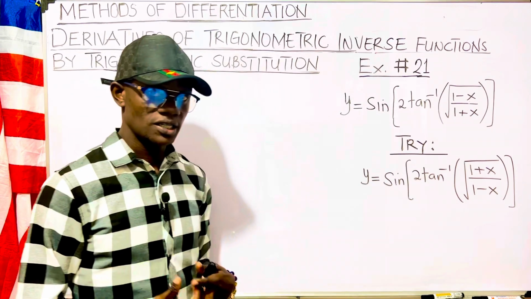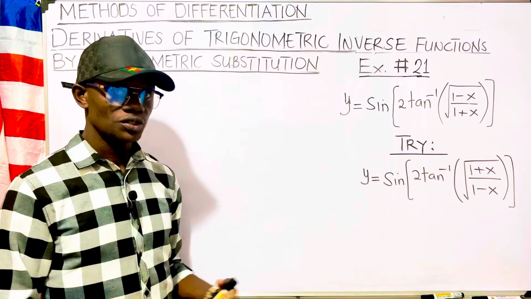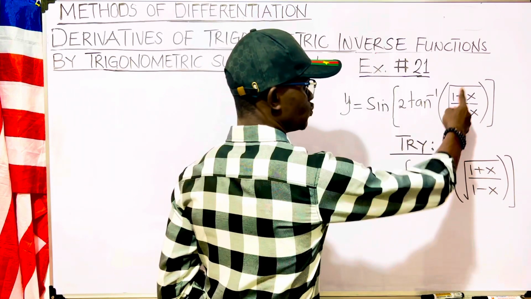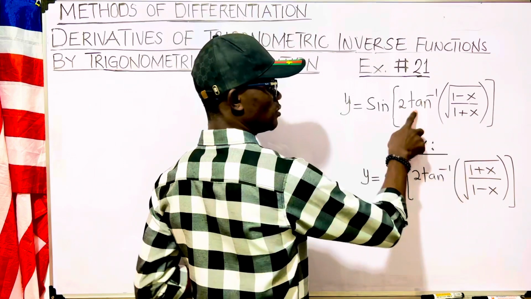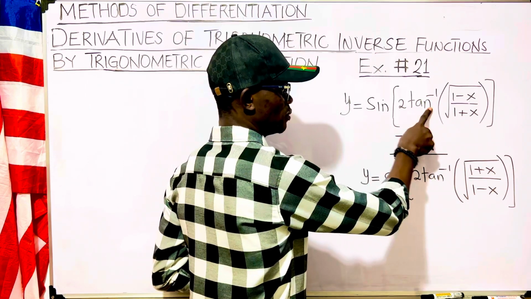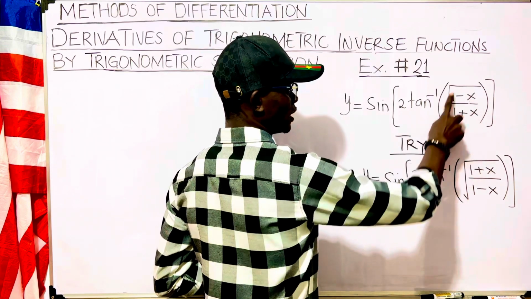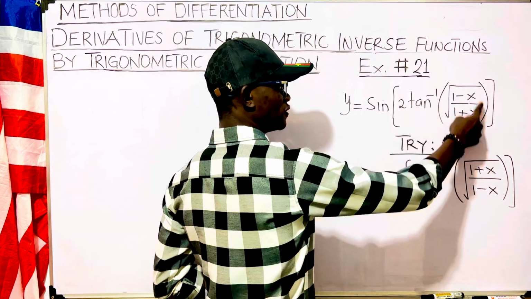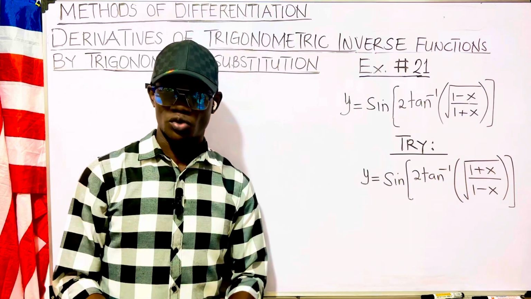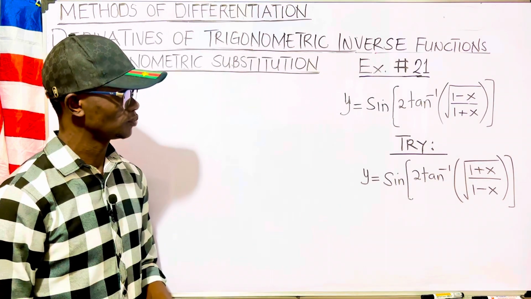Now, the objective of using the trig substitution is to ensure that the angle is reduced to the similar trig function. That is, if this is tangent inverse, it means we need some tangent in here such that tangent inverse of tangent of an angle equals that angle, using the inverse property of the trigonometric function.